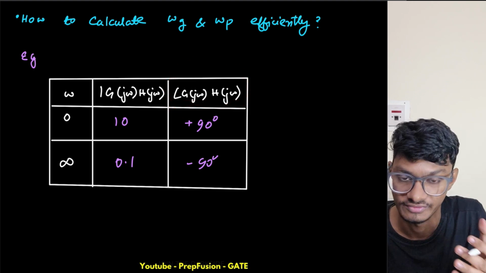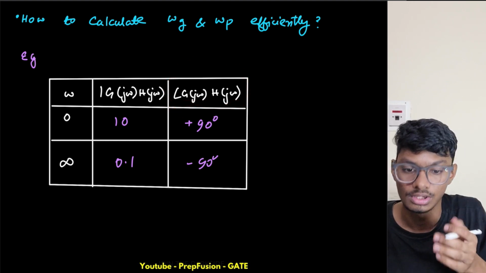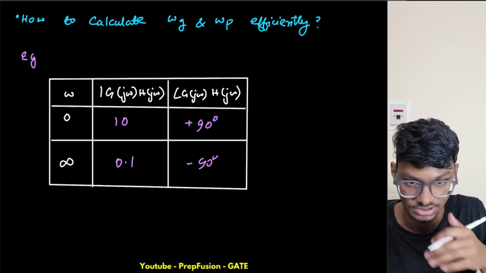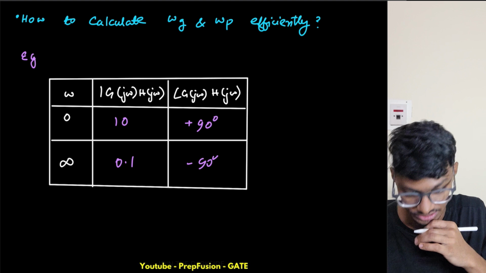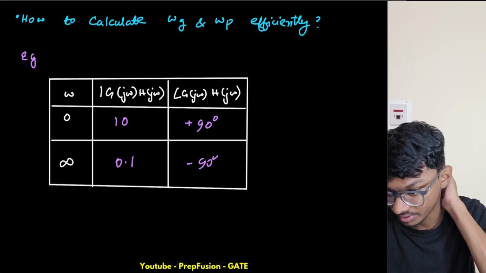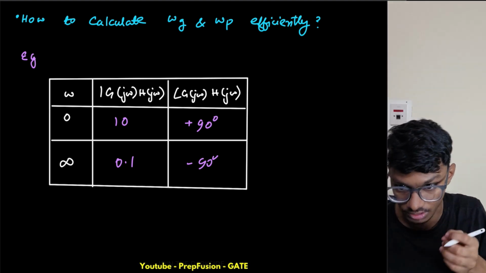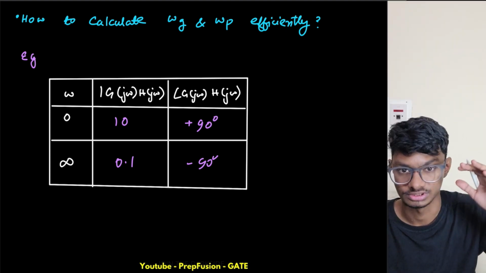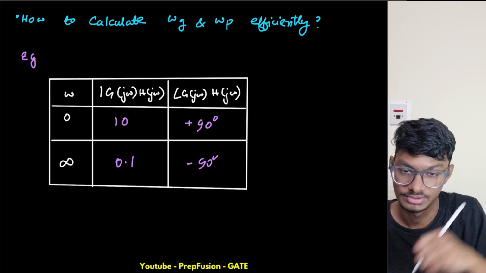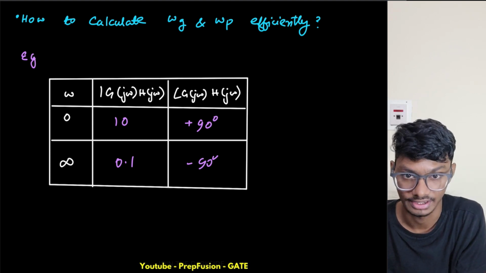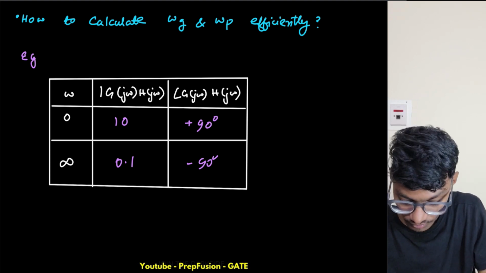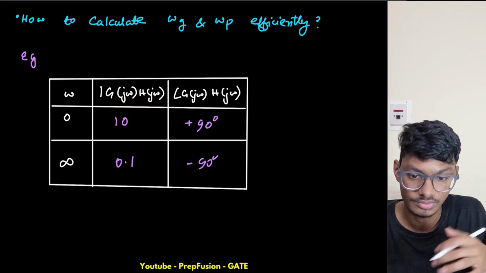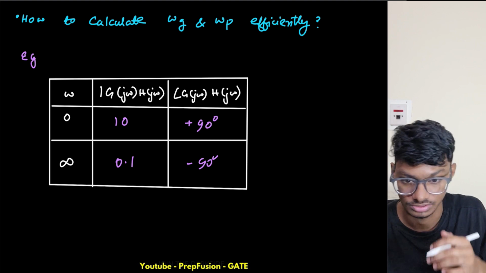What you have to notice is that my magnitude and phase functions will be monotonic functions. Monotonic means they will be either always increasing or always decreasing in nature. Overall, the phase will be decreasing, because at the end the poles will dominate. The magnitude will also be monotonic, it will keep on reducing.